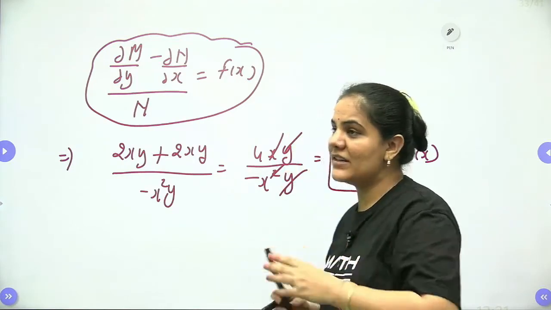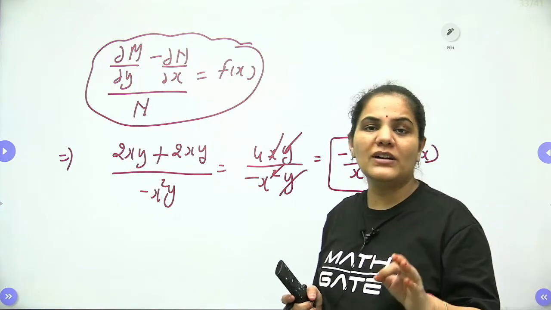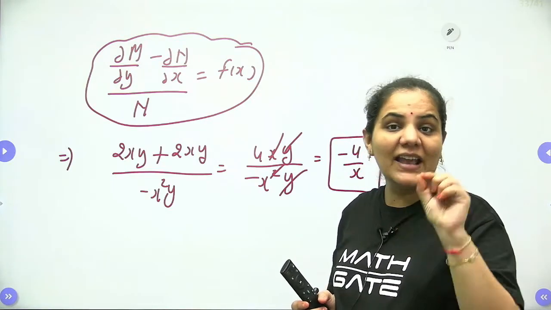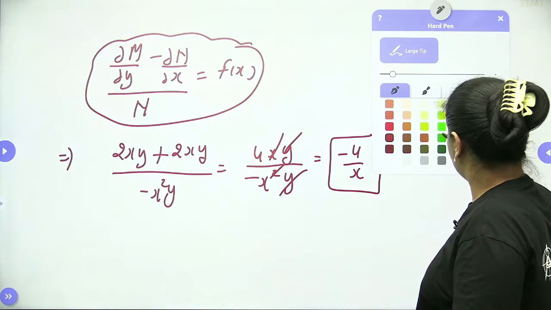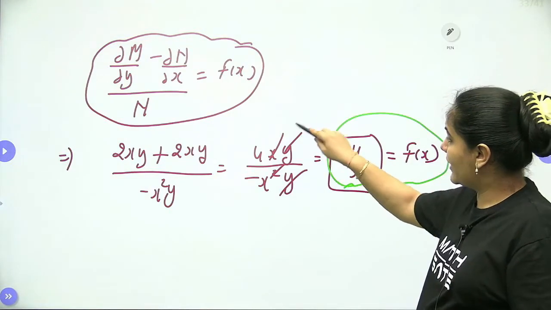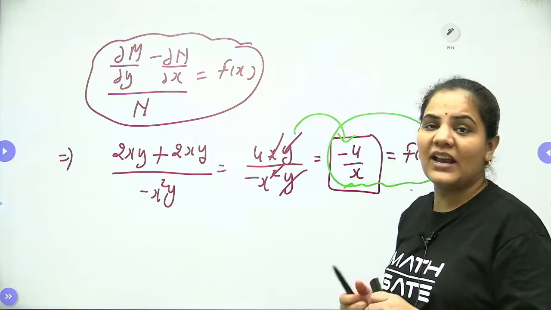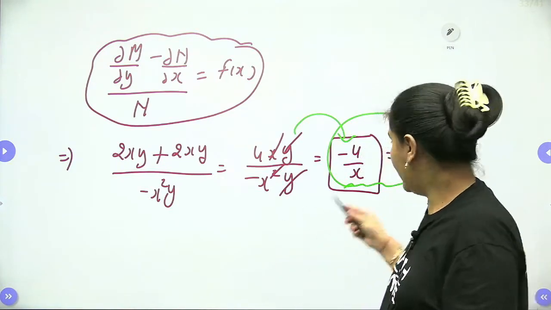Now remember one thing, dear students, as I already told you, that the integrating factor will not be affected by the sign and the constant term. But this is not my integrating factor. Just remember one thing, this is not my integrating factor. So here whatever the constant and whatever the sign, we have to write down. Okay, because this is not the integrating factor.